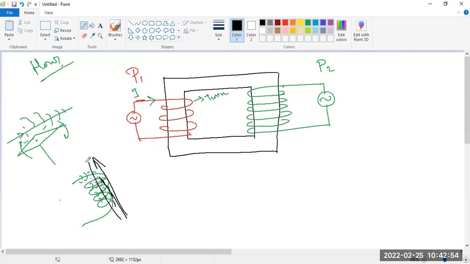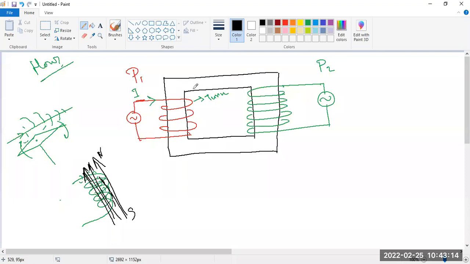Everywhere they create some magnetic flux, and it has a direction, because current is flowing over here. The arrowhead is denoted as the north pole and the tail portion as the south pole.